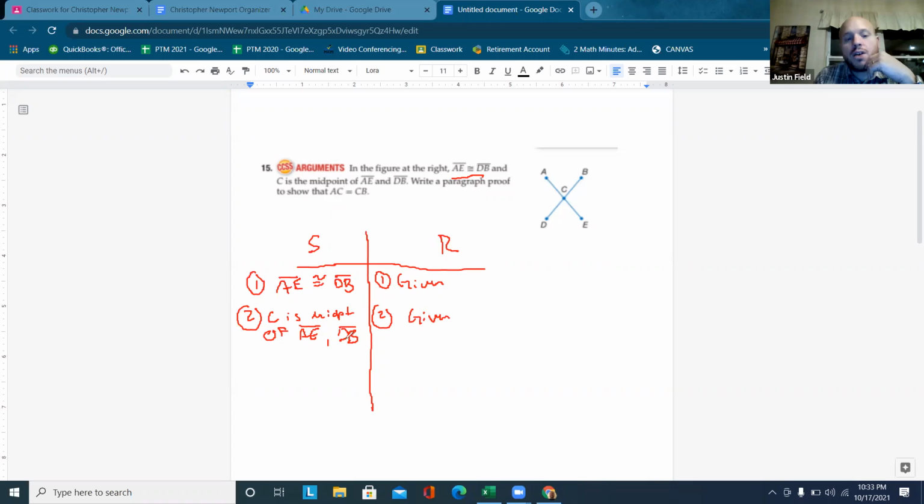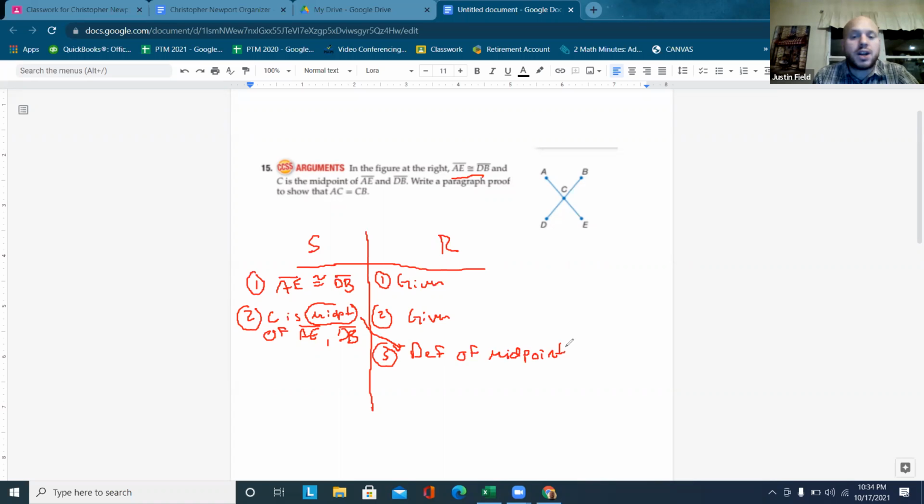Now, when we're writing proofs, we look for a keyword in the statement, and that gives us a clue to the following reason. But what's the keyword in this statement? Someone raise your hand and share out. Did you say midpoint? That was correct, midpoint. And so guess what? Our third reason, because that's the keyword, is going to be definition of midpoint.